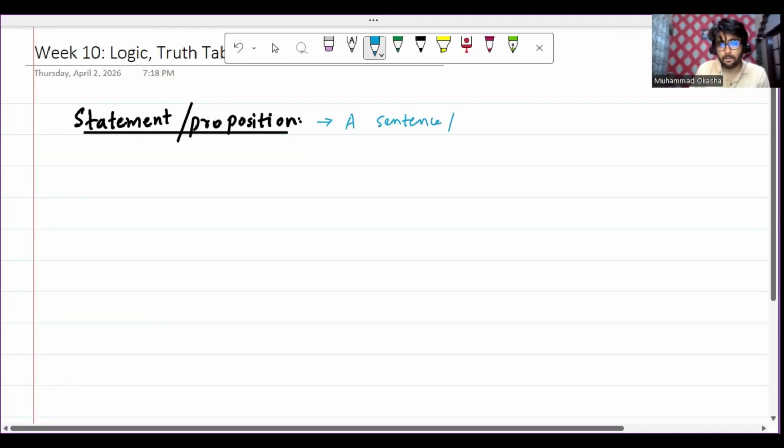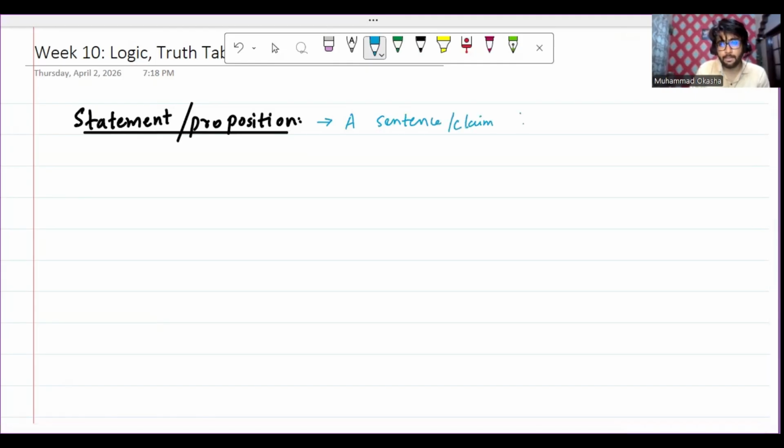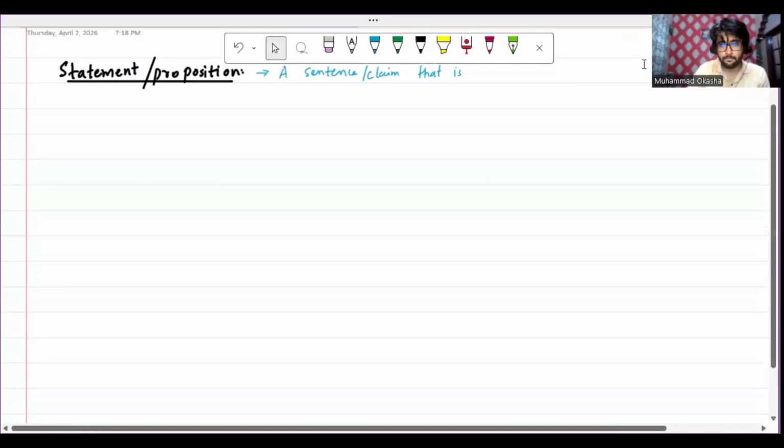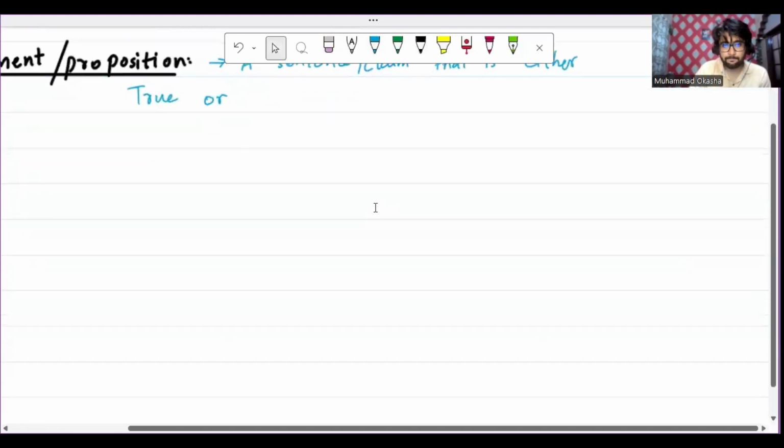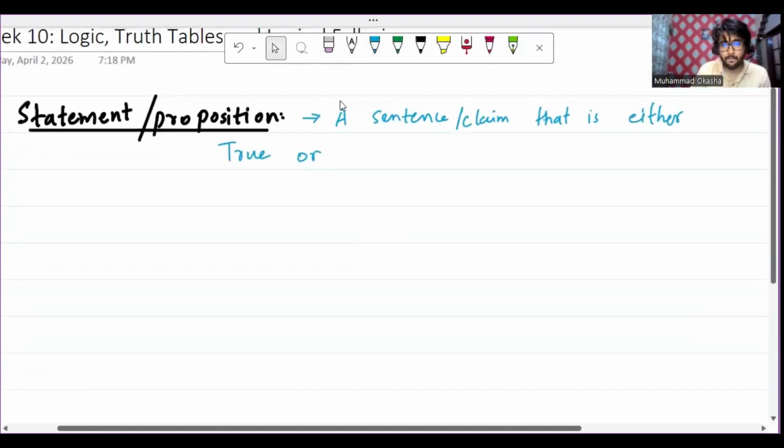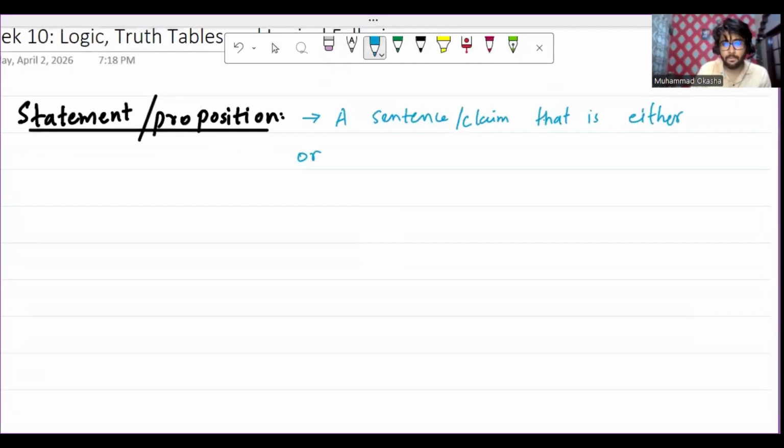A sentence or a claim, I would say, that is either true or false, but not both.